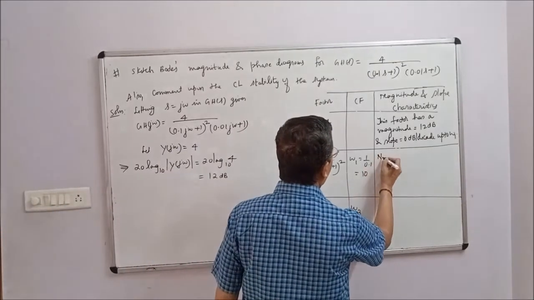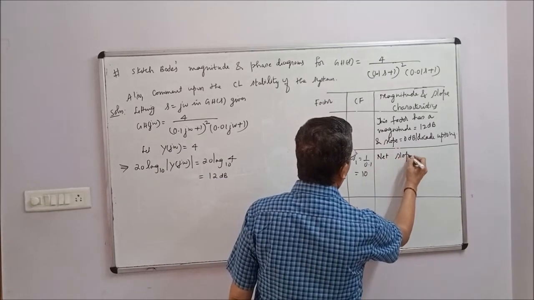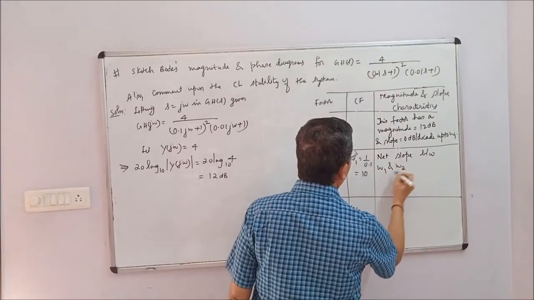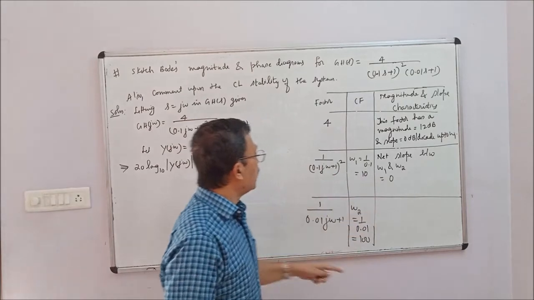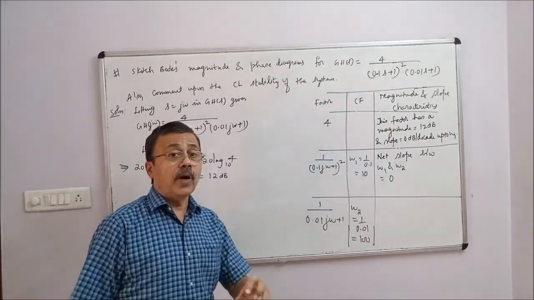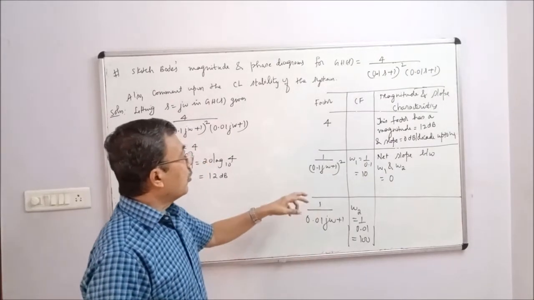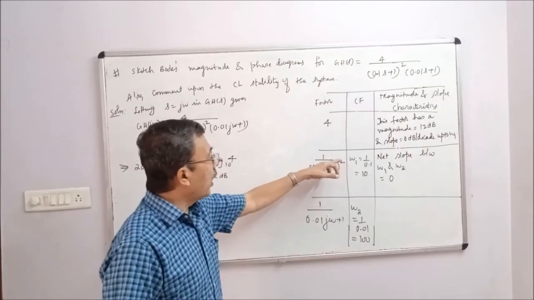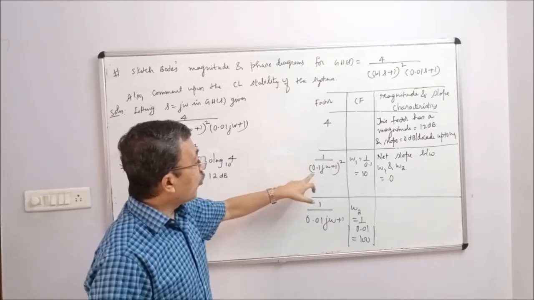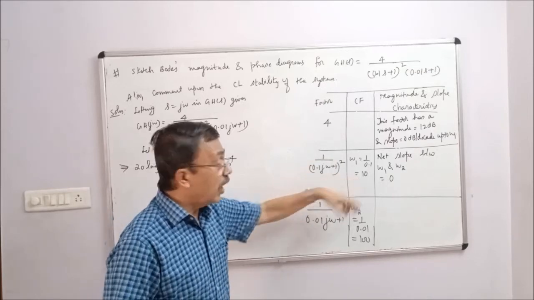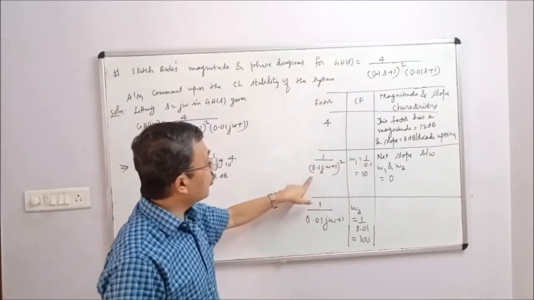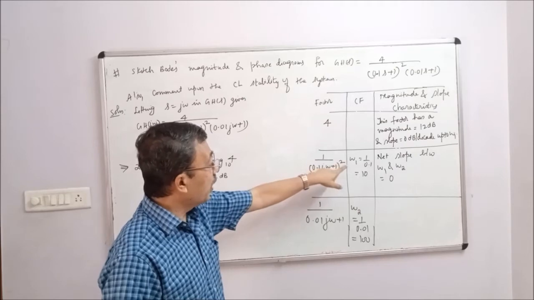Next, net slope between omega 1 and omega 2. Previous slope is 0. This is a squared pole. Therefore, it will contribute a slope of minus 40 at omega equal to 10 and beyond. Earlier slope is 0. This will add a slope of minus 40 at omega 1.